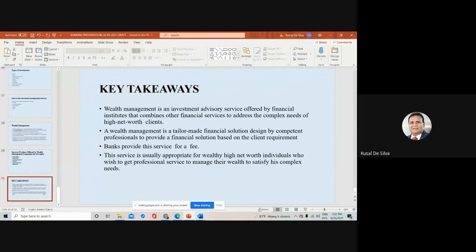They have to allocate a person to manage that. They have to incur administration cost. They have to incur staff cost. So based on that, they may not agree to manage my 500,000.